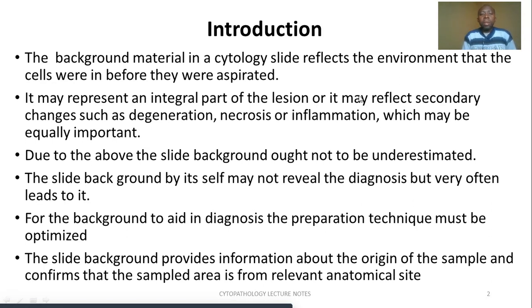This may be representative, or it may represent the integral part of the lesion itself if it was aspirated, and at the same time it may reflect the secondary changes which would have come along with the lesion formation as a result of degeneration, inflammation, necrosis, or any other changes that would have happened in the cells in there.